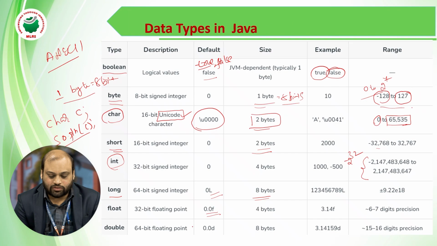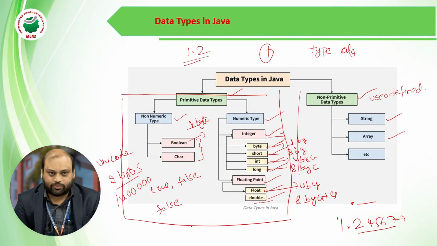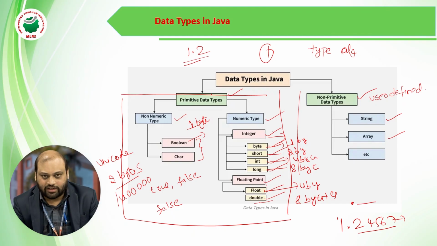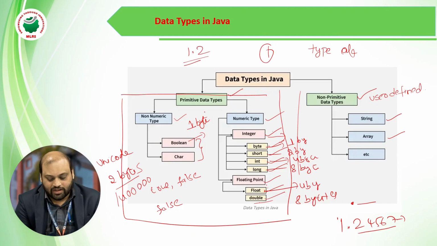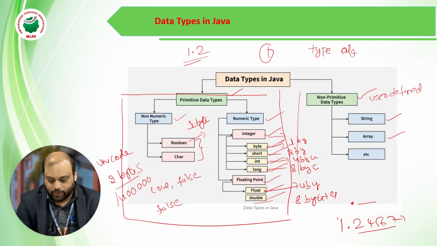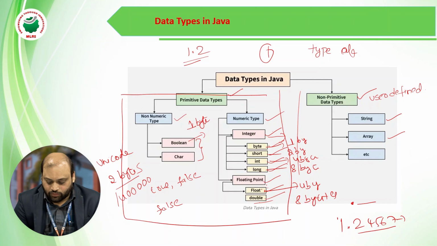So what we covered: there are mainly two types of data types, primitive and non-primitive. Under primitive data types we have numeric and non-numeric. Under these we have Boolean and character, and byte, short, int, long, float, and double.